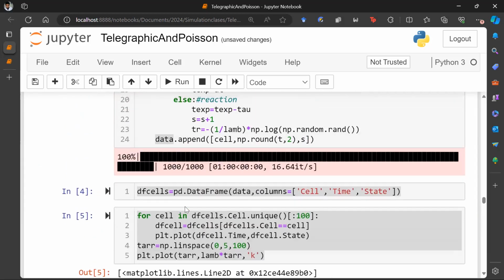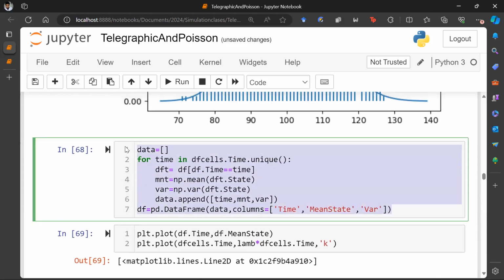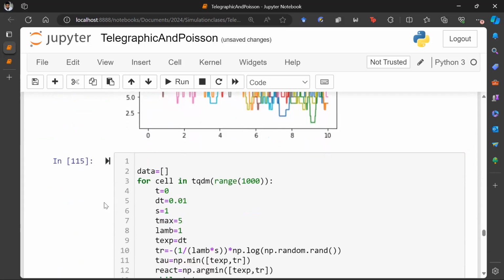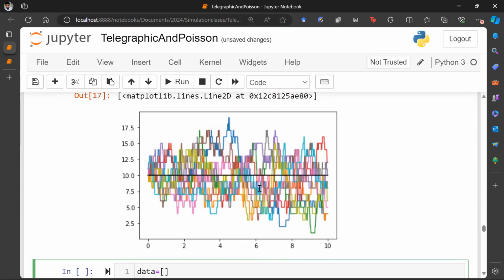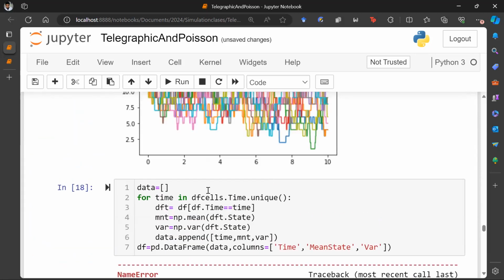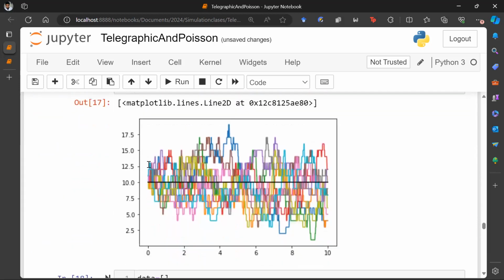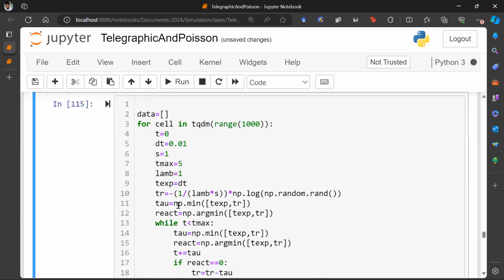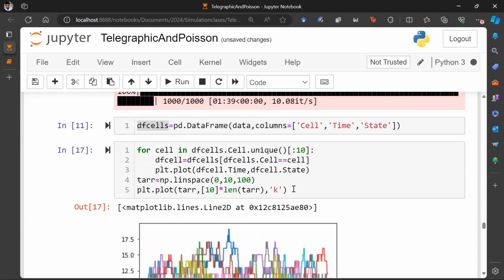I can also compare the mean and the variance over time. So I can estimate the variance using the script that was before, and here the name is tf cells. I can also plot the... sorry, here.